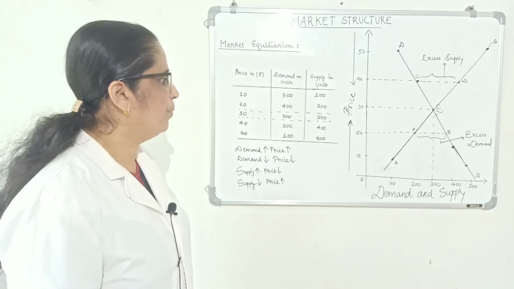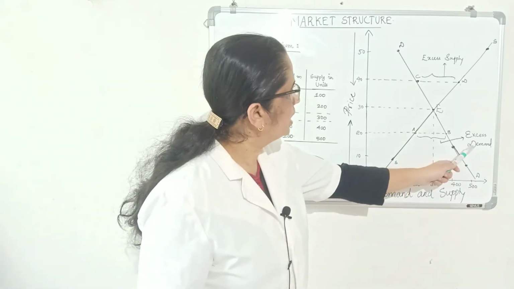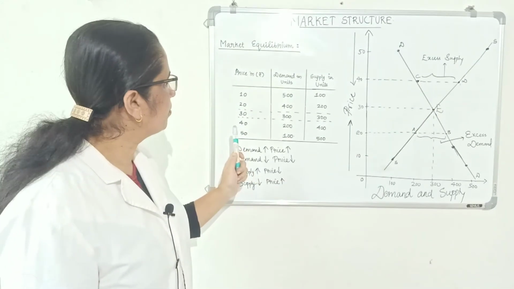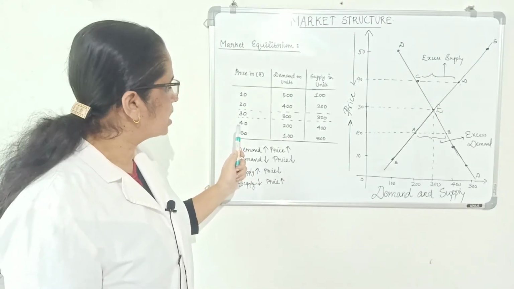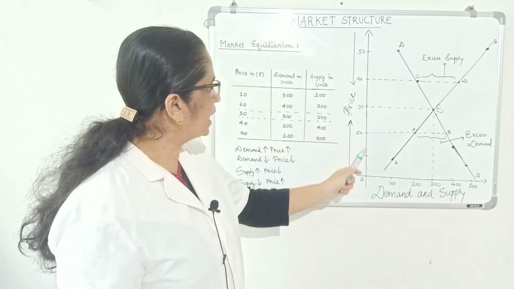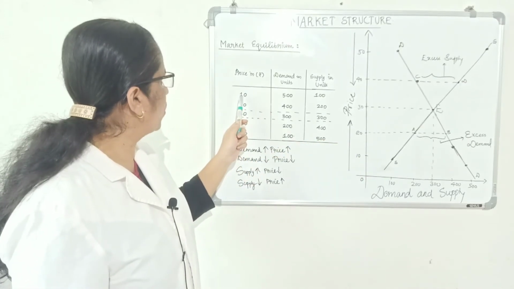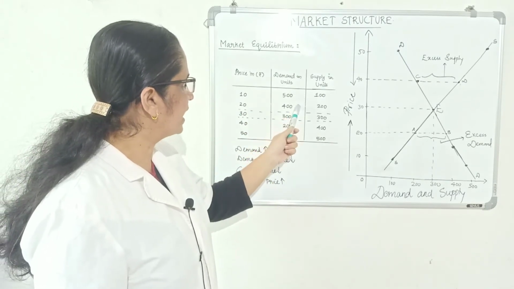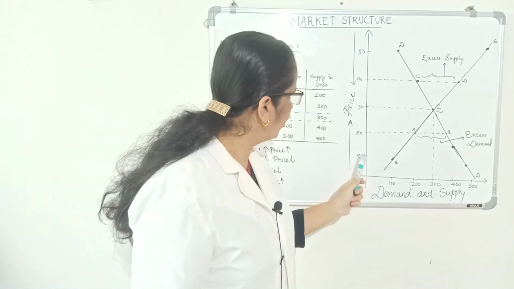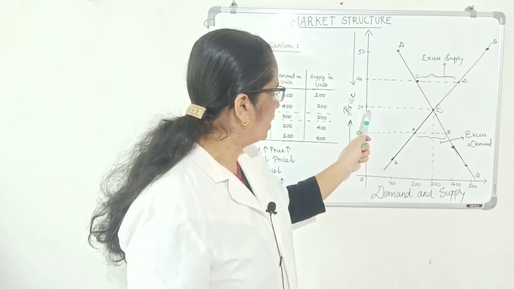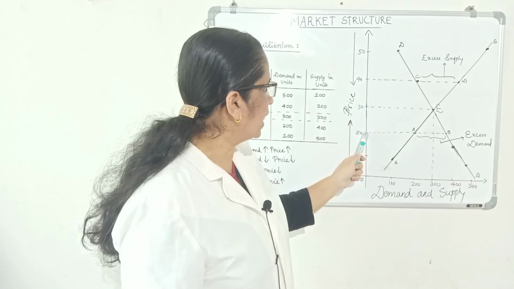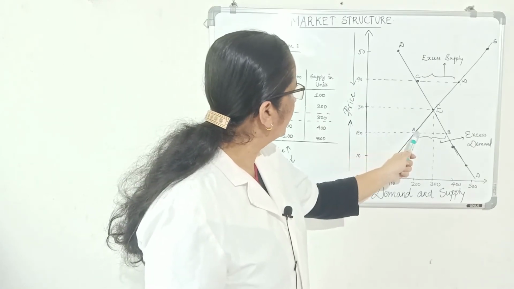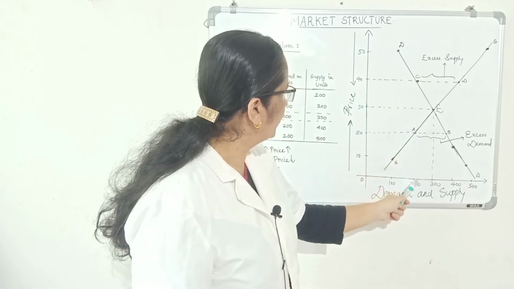Okay, now let's study the concept of excess demand and excess supply. If you check the prices below the equilibrium price, that is rupees 10, rupees 20, etc., you can see demand is greater than supply. For example, at rupees 20, a price below the equilibrium price, supply is only this much, 200.